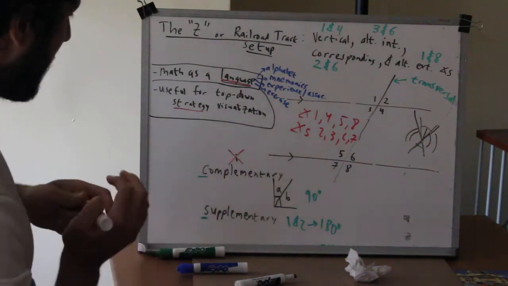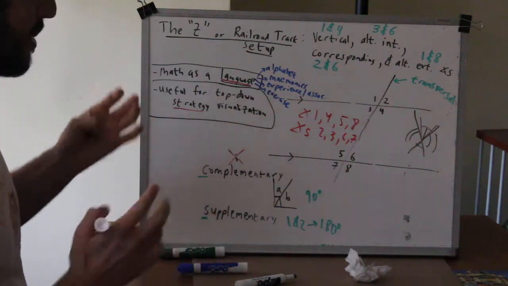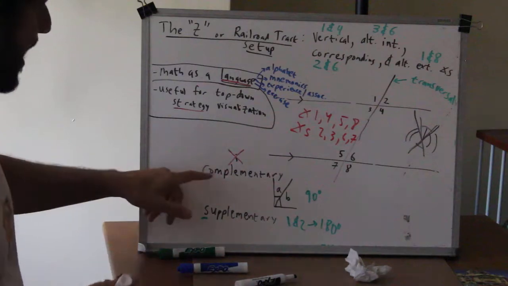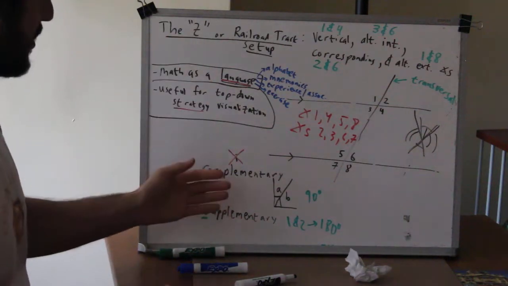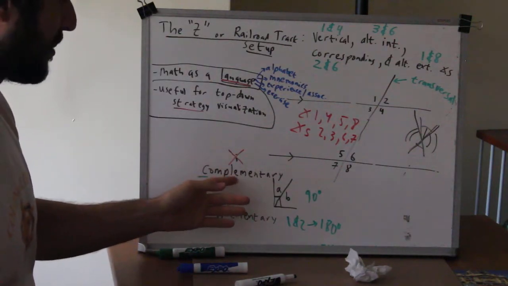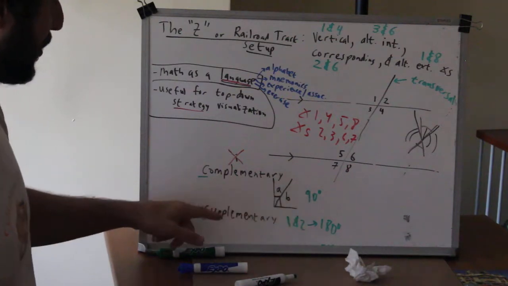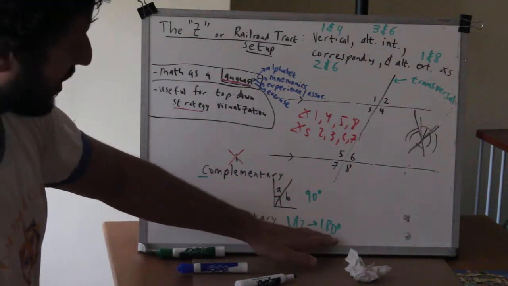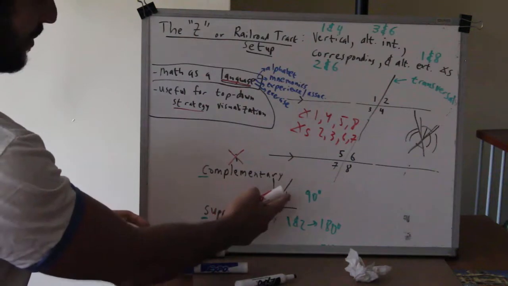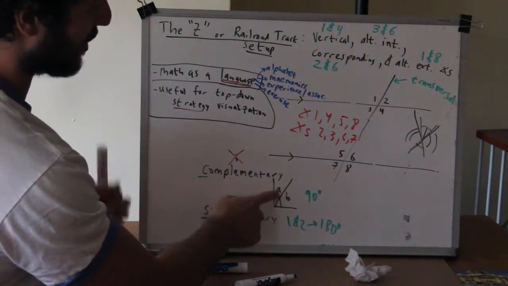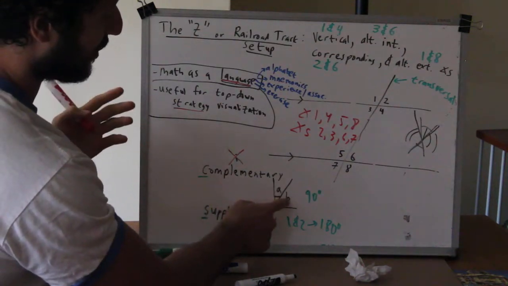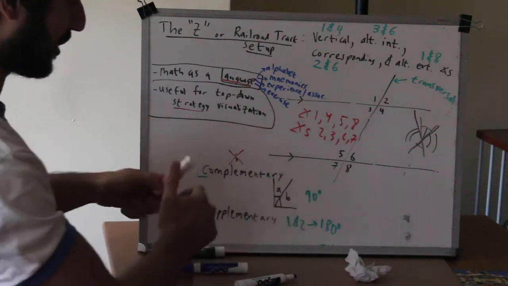All right, next. These are terms that pop up, so you should be familiar with them: complementary and supplementary. If 2 angles are complementary, that means they sum to 90 degrees. If 2 angles are supplementary, it means they sum to 180 degrees. So here's an example of complementary. Let's say A is 30 degrees, B is 60 degrees. Together, they make up 90 degrees.